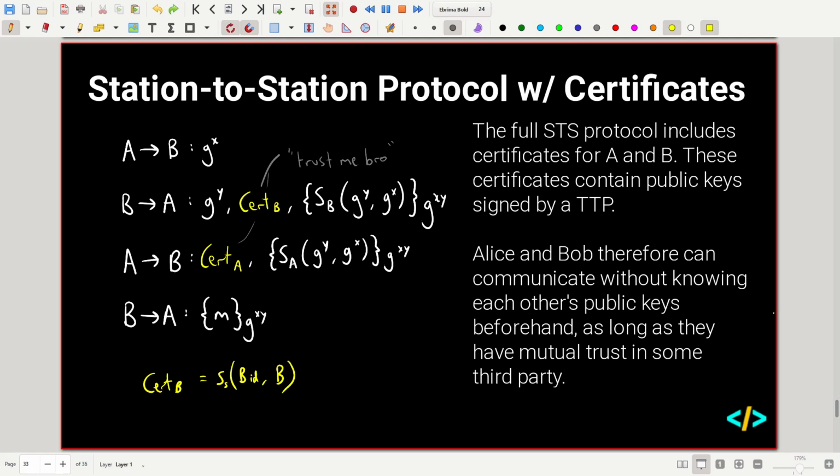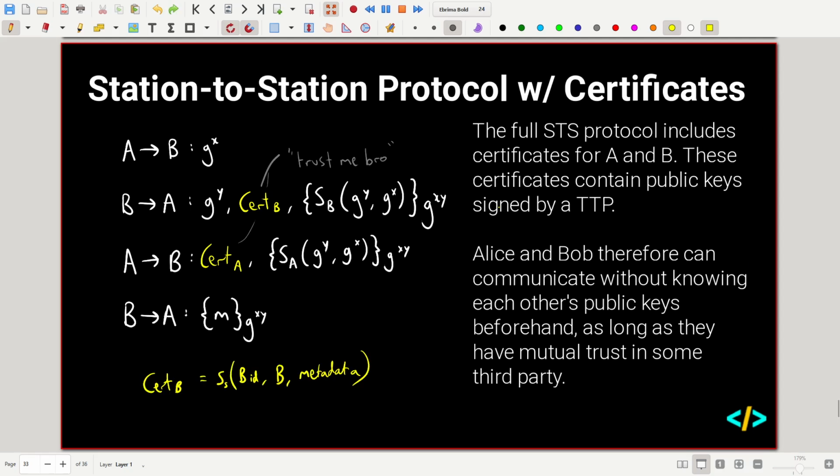So S is signing this with some extra metadata, maybe a timestamp of when they created the certificate. We use the certification authority's public key, as Sid said, to check this signature against the actual certificate. If it's legit, then we can trust them. If we trust the certification authority's public key, then we must also trust the certificate. And that's how Alice and Bob can gain trust in each other's public keys.